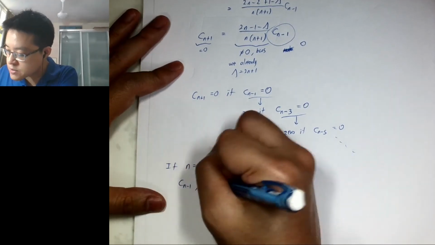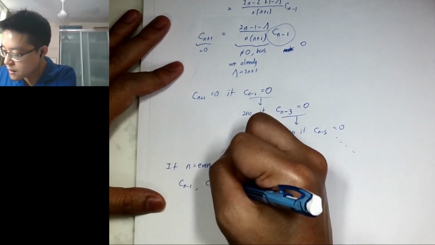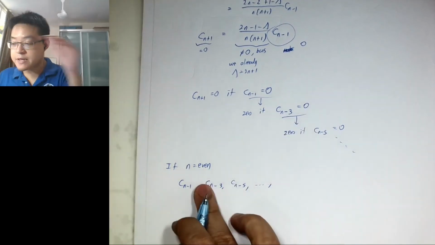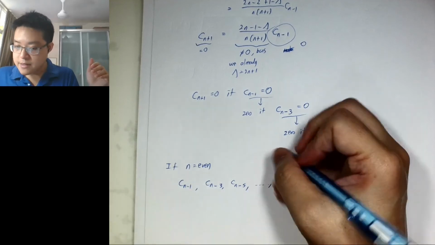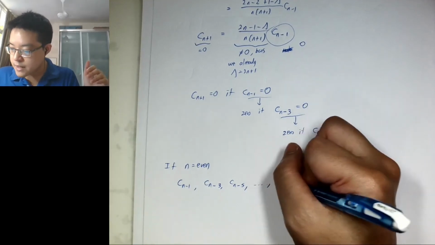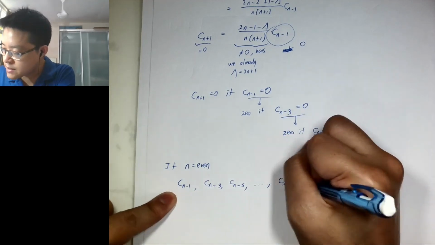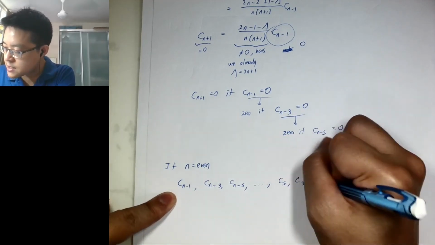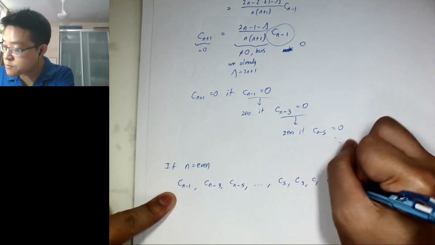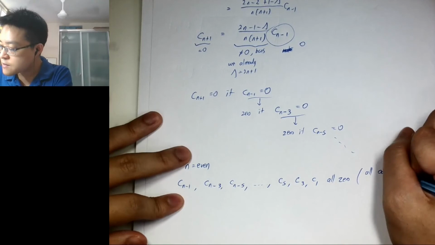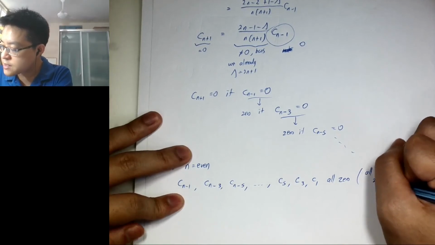So Cn minus 1, Cn minus 3, Cn minus 5, all the way down. Where does it stop? If n is even, that means I got the odd numbers. So everyone here are odd numbers. C3, C1, all must be 0. Okay, so all odd Cj are 0.